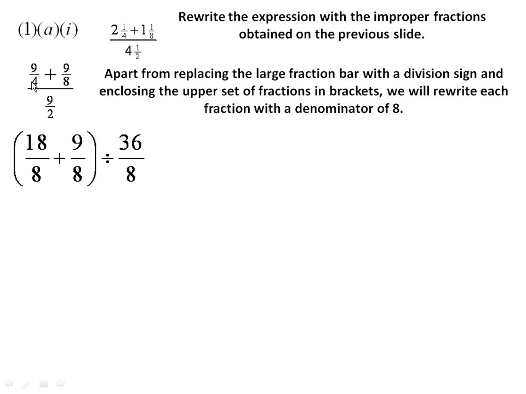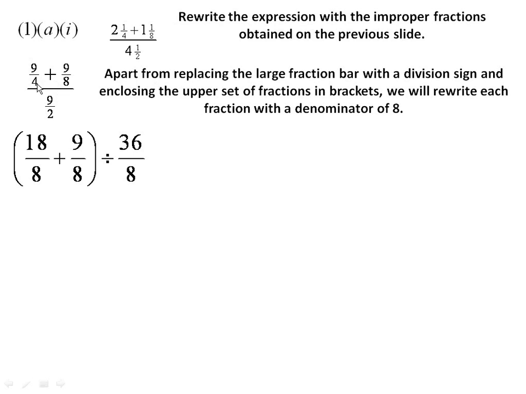We have 9 over 4. We are making use of the fact that 8 is the lowest common multiple of all the denominators, and we will use 8 as a common denominator. How do we achieve 8 right here? We have 4. To get 8, we will multiply by 2. We cannot just multiply by 2 in the denominator, we will be cheating the problem.